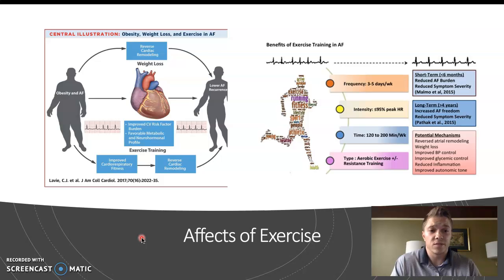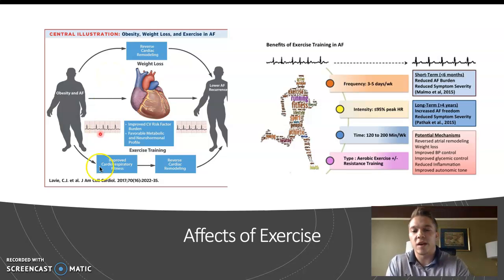And then the effects of exercise on AFib are, like I said, you kind of reverse the effects of the AFib. On the left here, you'll see a diagram of somebody that's obese with AFib. And you'll see that right up top, you have just regular weight loss, which actually reverses the cardiac remodeling in itself.